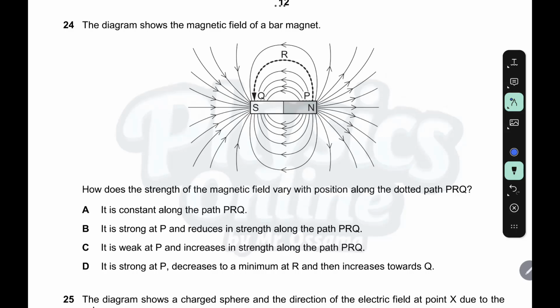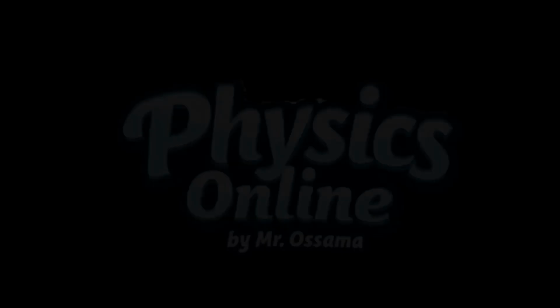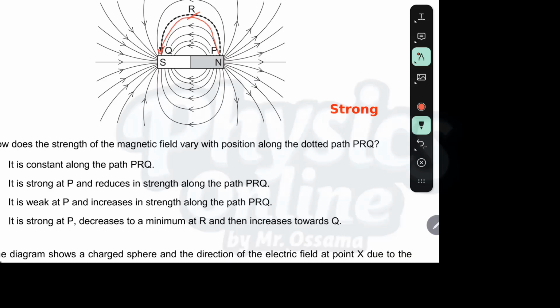The diagram shows the magnetic field of a bar magnet. How does the strength of the magnetic field vary with the position along the dotted path PRQ? As you see, at P the magnetic field lines are very close to each other, which shows that the magnetic force is strong here. Then the field lines are away from each other at R, which shows the magnetic force decreases.